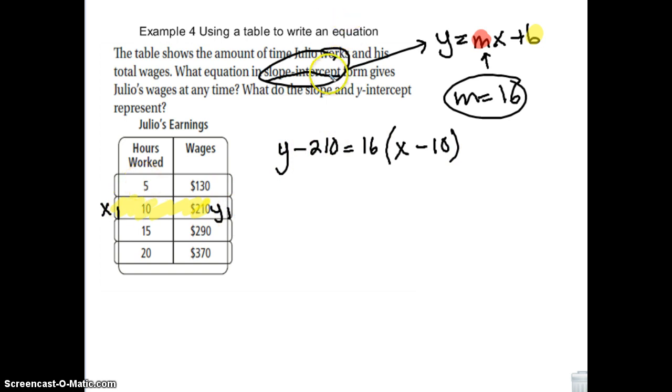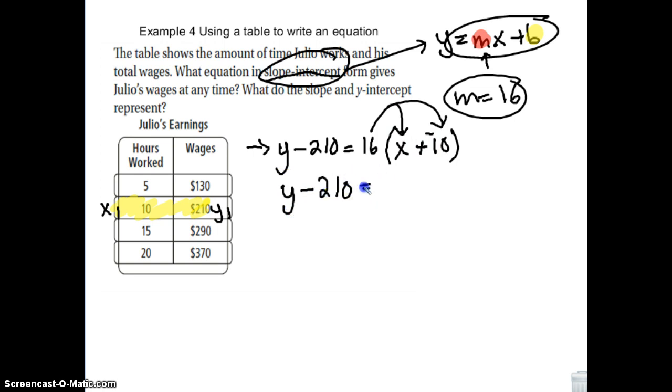Now, we have to get it from this form to this form. So here's what you have to do. You have to get y by itself. So the first thing I'm going to do is distribute the 16 to both the x and the negative 10, which gives me now this: y minus 210, nothing happened over here, equals 16x plus negative 160.